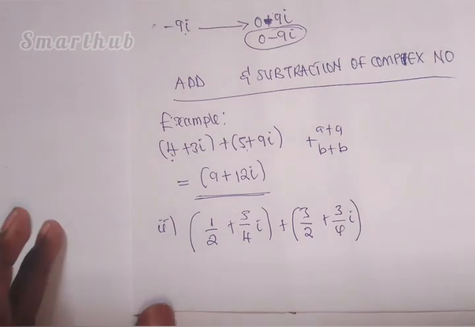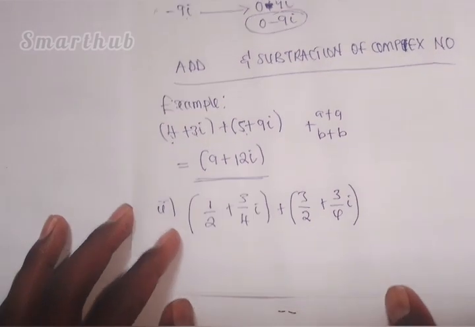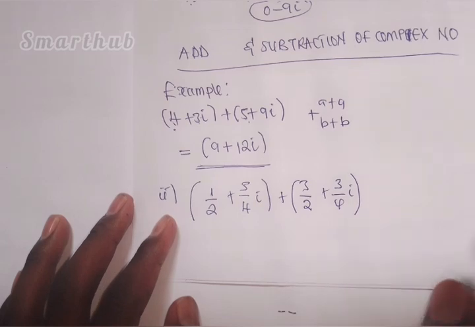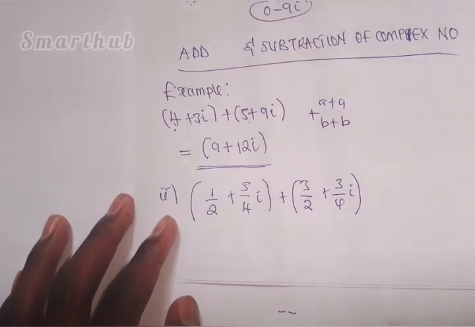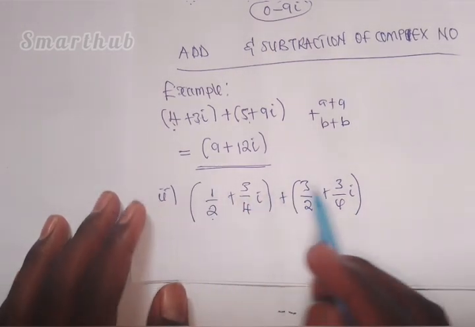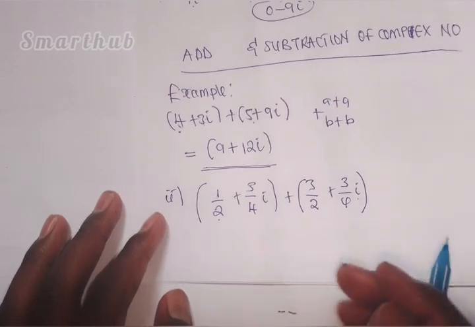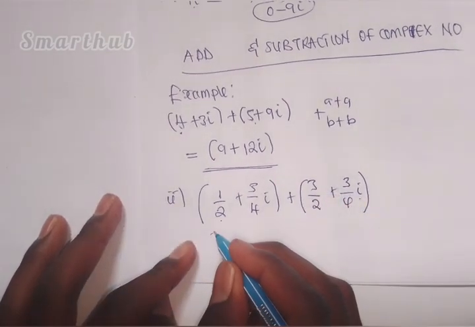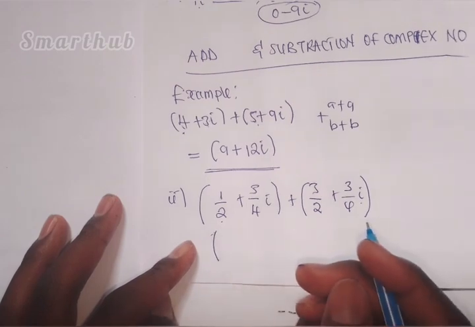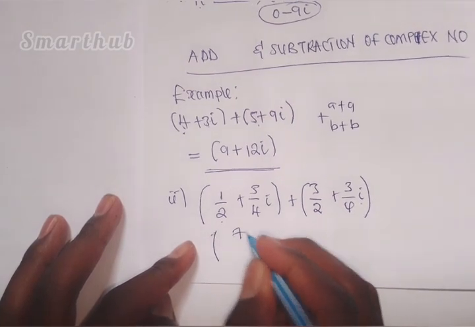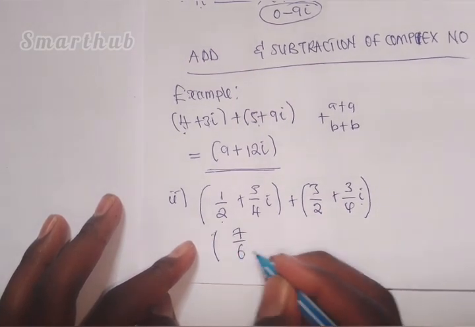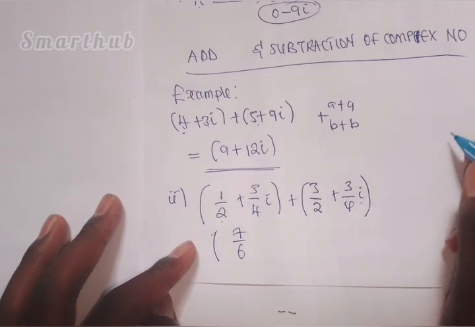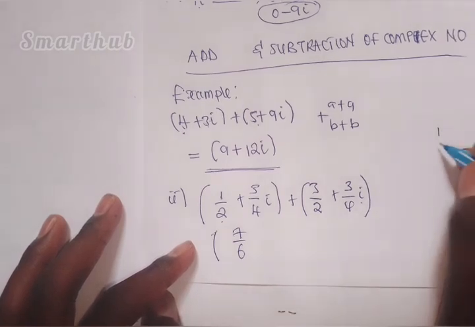What are you going to do here? Same thing. You still have the a's, you still have the b's. So we're just going to add these two. When you add these two, you're going to get 1 over 2 plus 3 over 2.